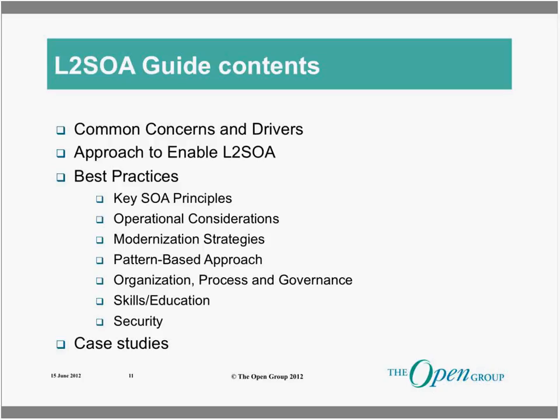Chapter 4 provides an overview of sets of best practices in a variety of legacy to SOA evolution aspects. What are the key principles and aspects regarding legacy systems which need to be taken into account for this evolution journey?